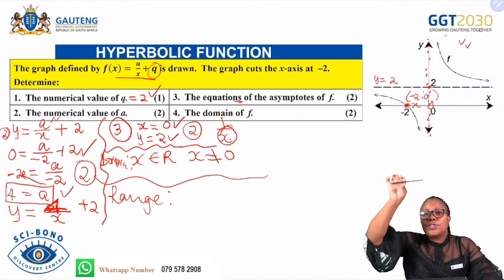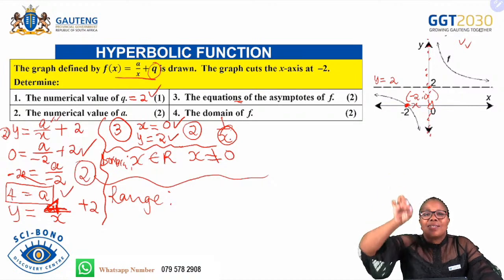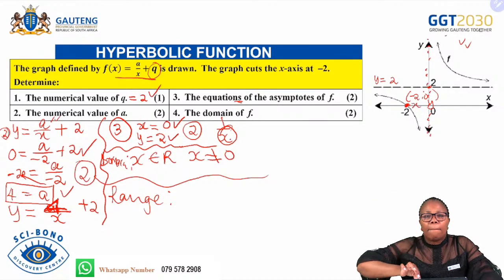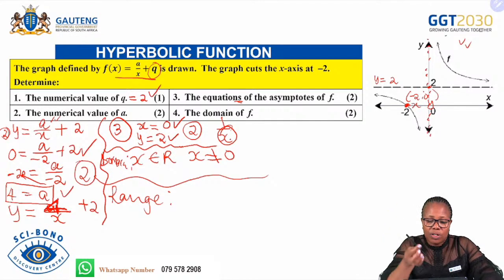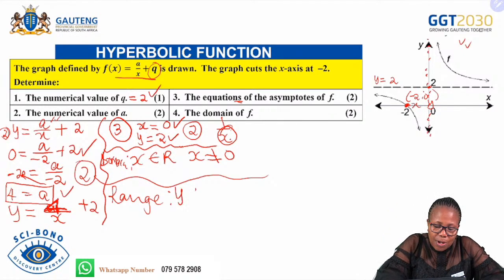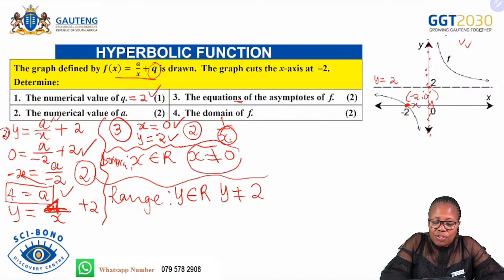So if it wasn't for 2, we would be saying y is an element of real numbers, but in this case, we will exclude 2. y must not be equal to 2. So y is an element of real numbers, y must not be equal to 2. And then look at this relationship, creators.